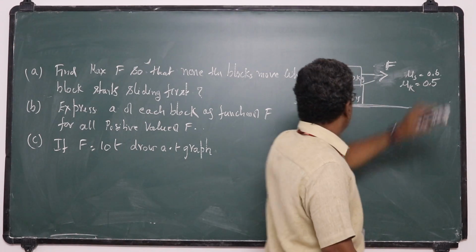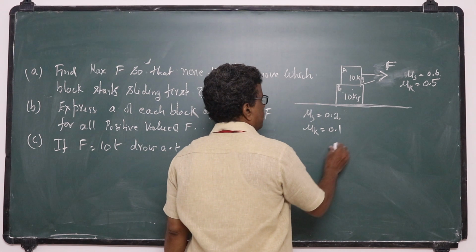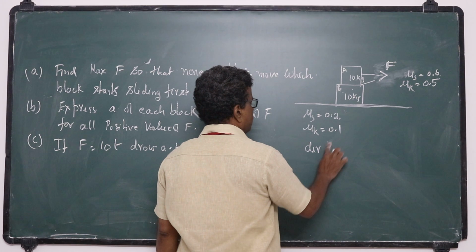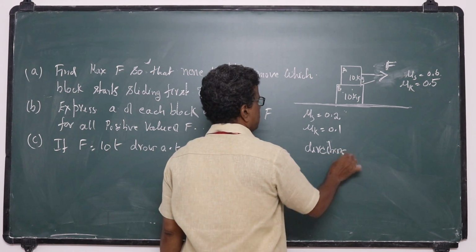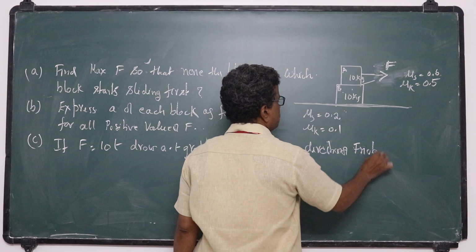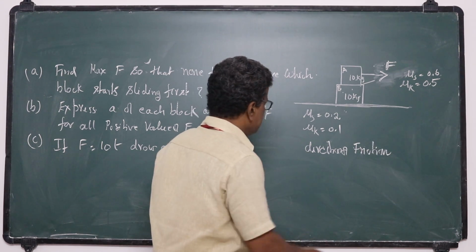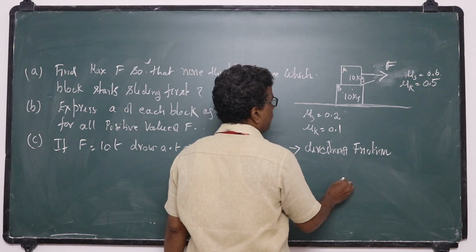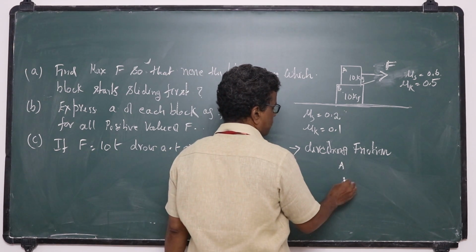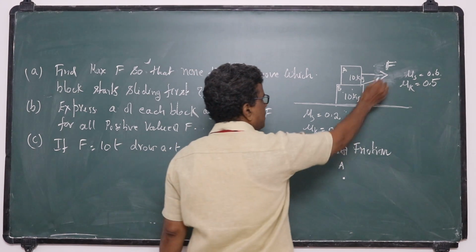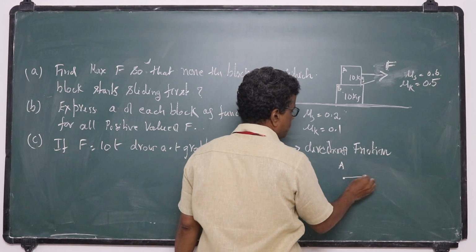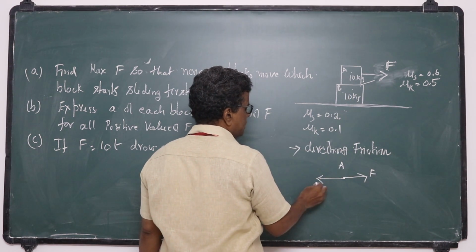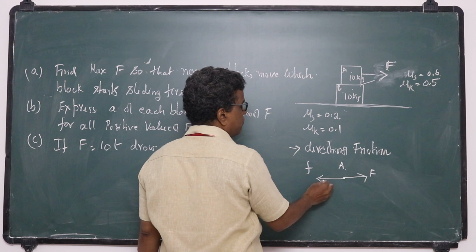So you first draw the direction of frictional forces. External force acts on A, so first you draw the diagram of A. So this is F. The friction opposes it, so it acts in this direction, the frictional force on A.